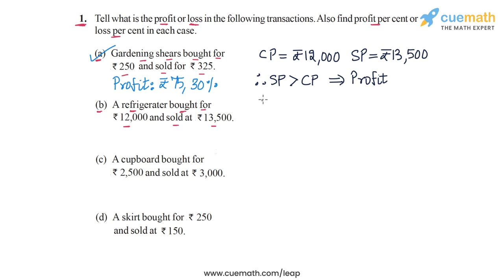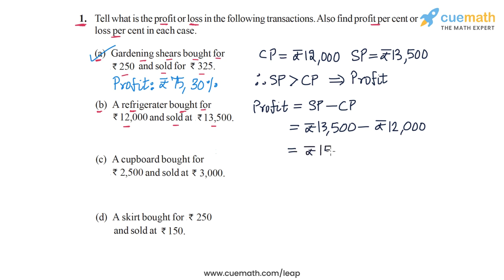How much profit was made? The profit will be equal to the selling price minus the cost price, or rupees 13,500 minus rupees 12,000, and this is equal to rupees 1,500. So the profit was rupees 1,500, and now this can help us calculate the profit percent.